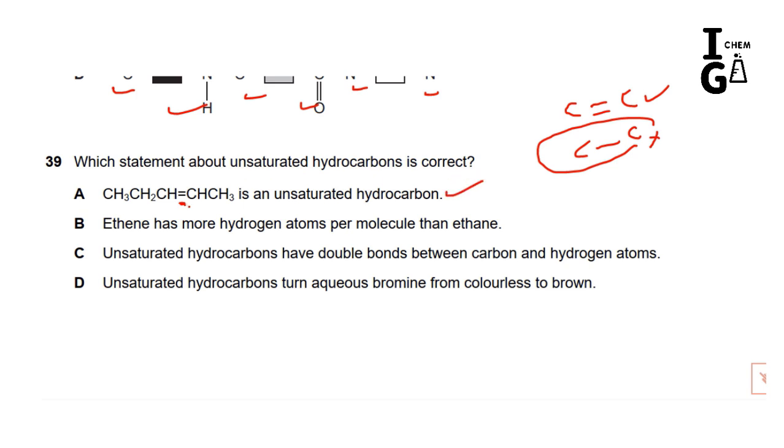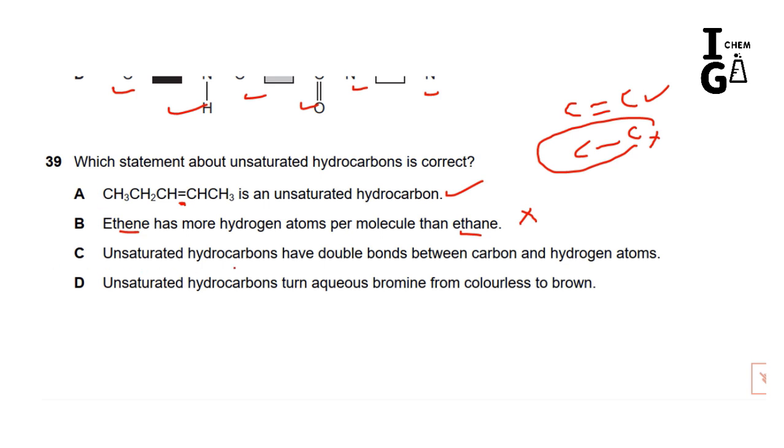So let's see. Ethene has more hydrogen atoms per molecule than ethane. This is completely wrong, because you know guys, for ethene the general formula is CnH2n, but for an alkane like ethane, CnH2n plus 2. So ethane has more hydrogen per molecule than ethene.